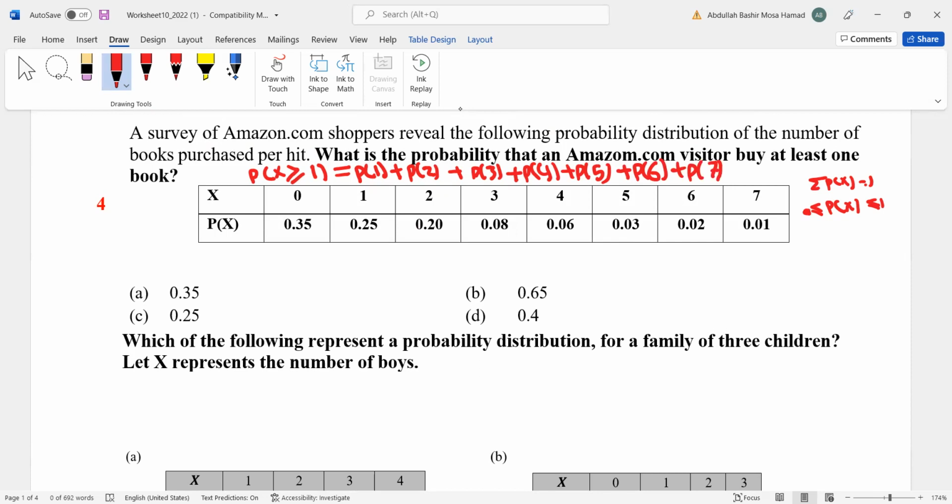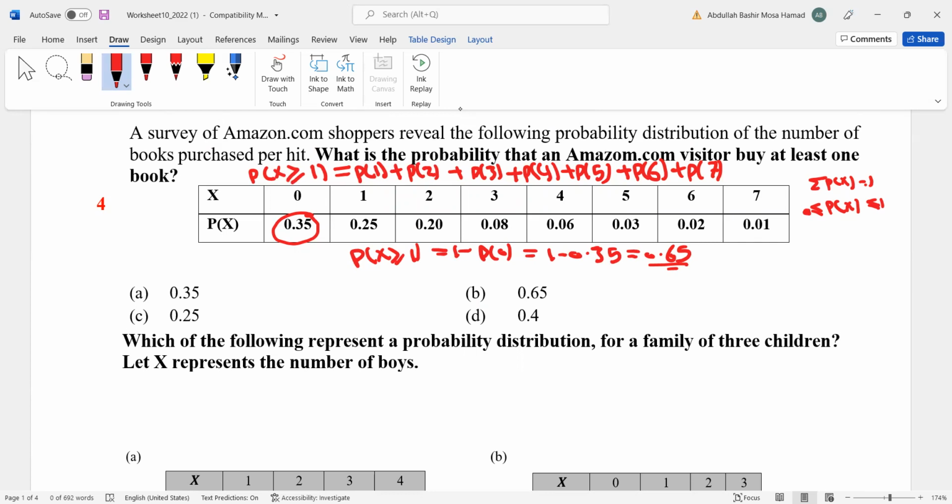Instead of all this, we just find the complement. I know the summation of all of these equals 1, so this plus this plus this plus this equals 1 minus the remaining one. So P of X greater than or equal to 1 equals 1 minus P of 0, which for this example is 1 minus 0.35, equal to 0.65. In an exam, we don't need to waste our time.